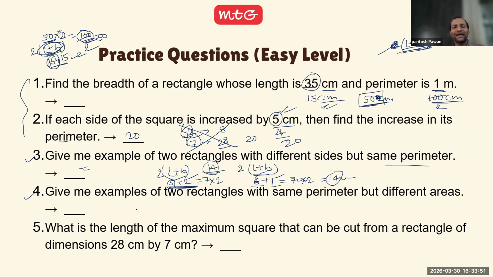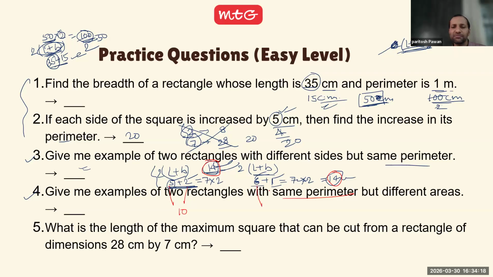Now we'll go for question number 4. Here it says give an example of two rectangles with the same perimeter but different area. The same example we can take. Here these two rectangles' perimeter is the same, 14 and 14. But when we calculate the area, length is 5, breadth is 2, 5 into 2, area is 10.